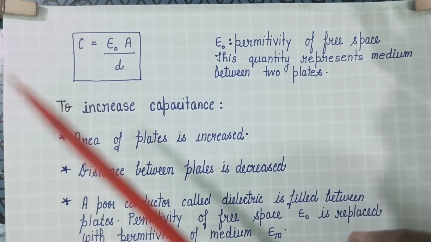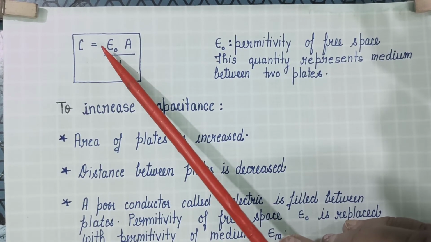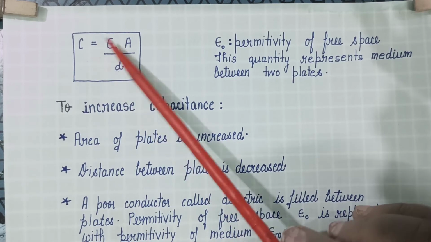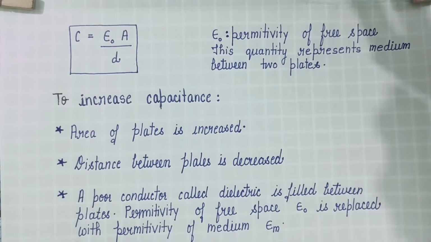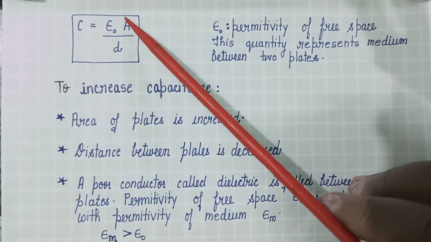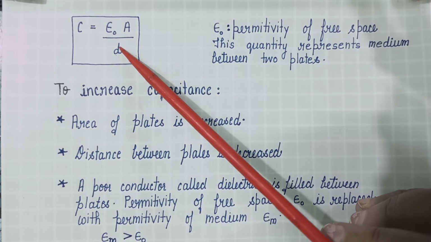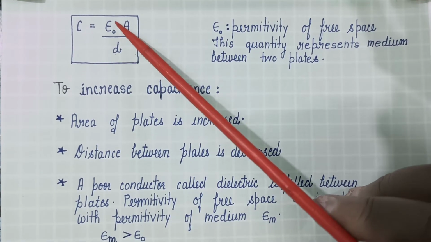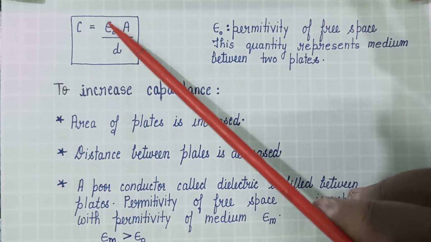Now, a very important question: how can we increase the capacitance of a capacitor? Or what factors affect the capacitance? So we will observe these three quantities and then we will answer. To increase capacitance, we should increase the area of the plates, we should decrease the distance between the two plates, and we should fill some material in between the two plates which has higher permittivity than air.